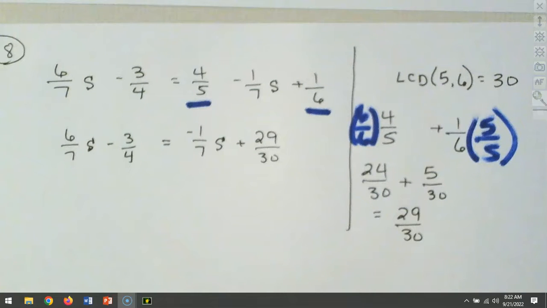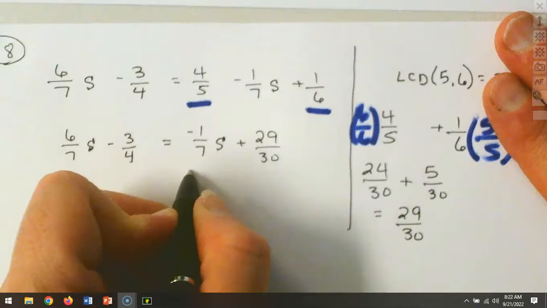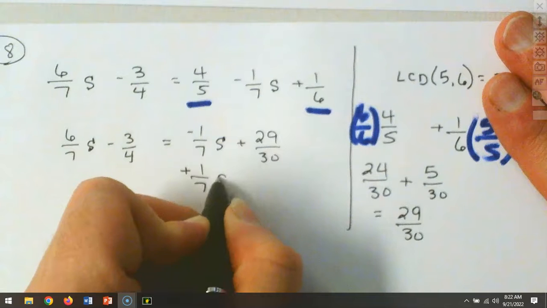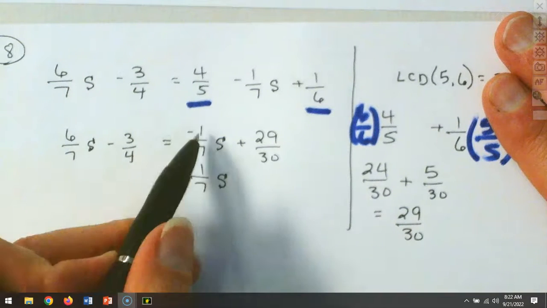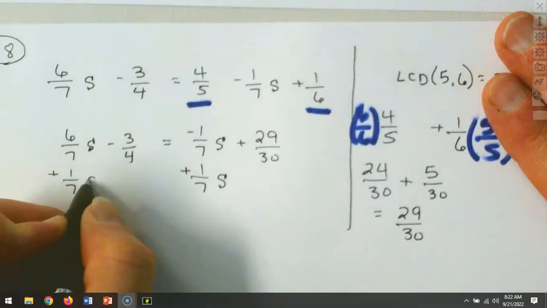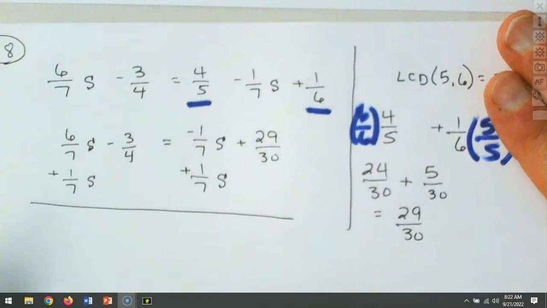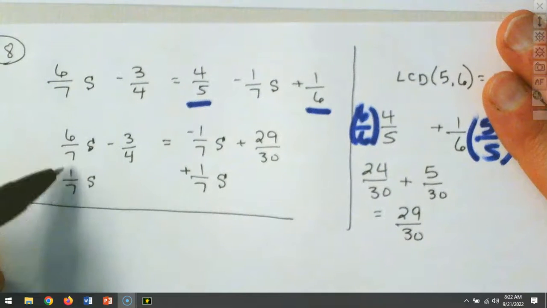Now we need to go ahead and get the s's on the left-hand side. So what's going to happen to that 1/7 here? It's going to have to be moved over. So I'm going to use a positive 1/7 because this one's negative. And these have the same denominators, don't they?